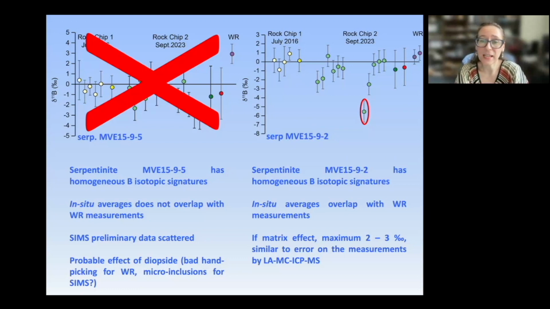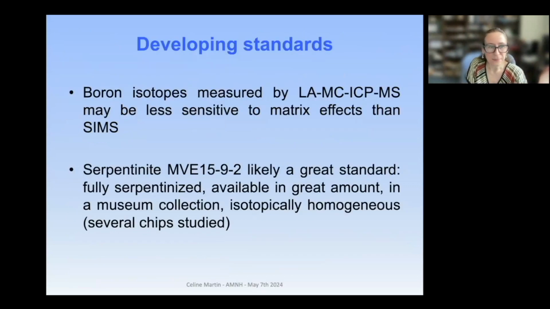But for serpentinite 1592, except for that data point, which I would say is an artifact, we have a good homogeneous signature, and we overlap with the bulk measurement. So this one seems to be a good standard for in situ data, as the maximum matrix effect, if there is one, is in the range of 2-3 per mil, which is the error we have on our measurements anyway. So this seems very promising as a standard.